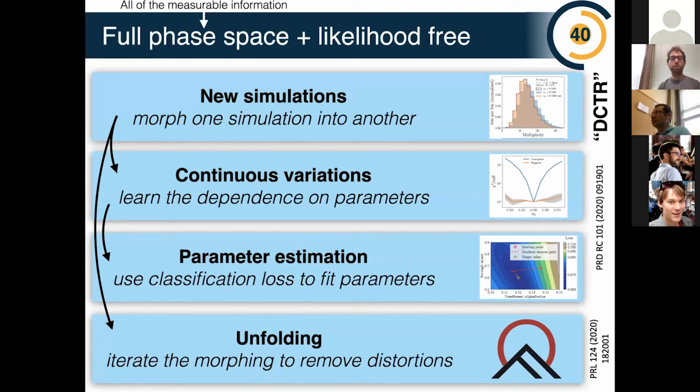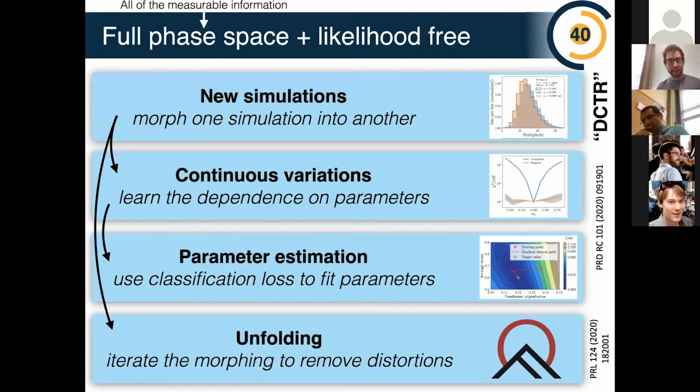I showed you how to morph one simulation to another. That was a discrete reweighting. Then how to do continuous morphing, basically by learning a parameterized classifier. Then you can do parameter estimation, maximum likelihood basically, by using this continuous reweighting function. And lastly, I showed how you can iterate the reweighting procedure to do unfolding, which is sort of doing inference on the full phase space.